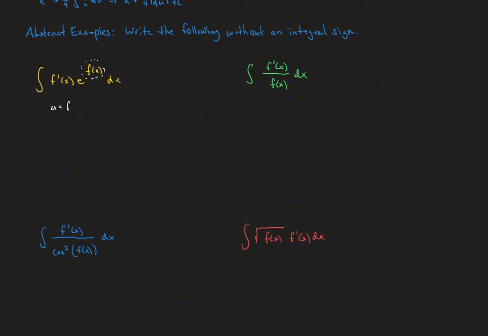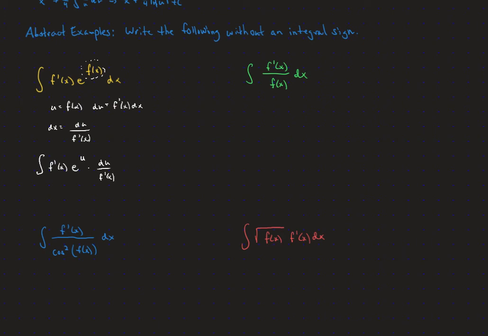So we're going to say u is f of x, du, its derivative, is going to be f prime of x dx, and so dx will be du over f prime of x. So our integral is going to have that f prime of x that we started with. We're going to call that now e to the u, and the dx we will replace by du over f prime of x.